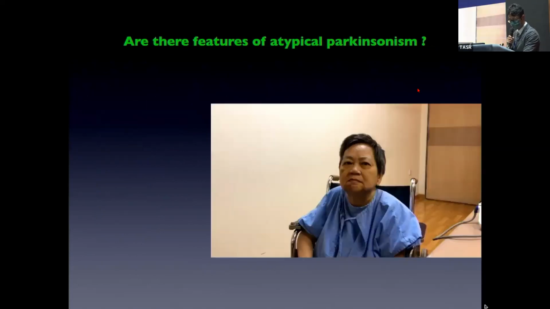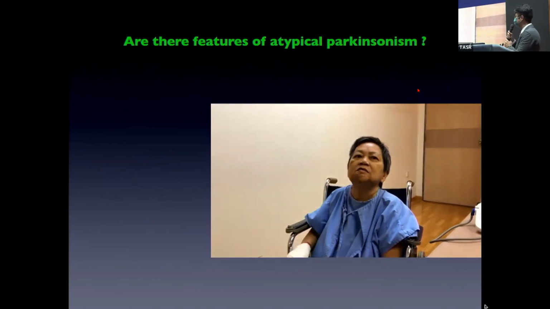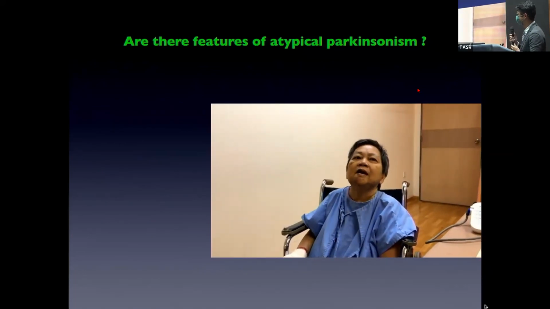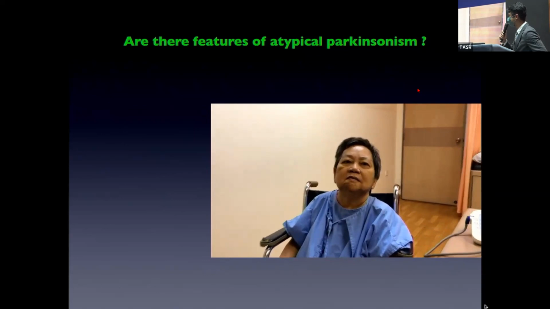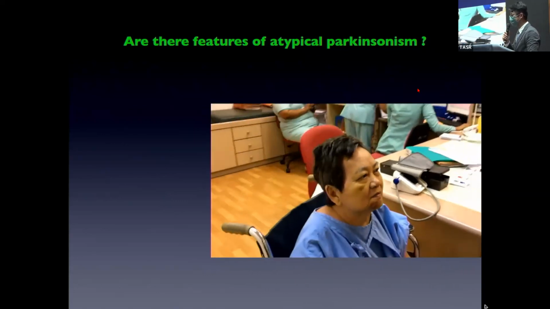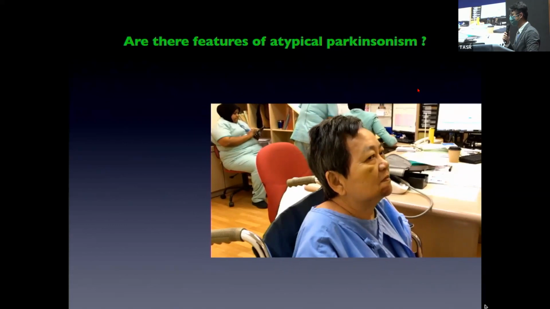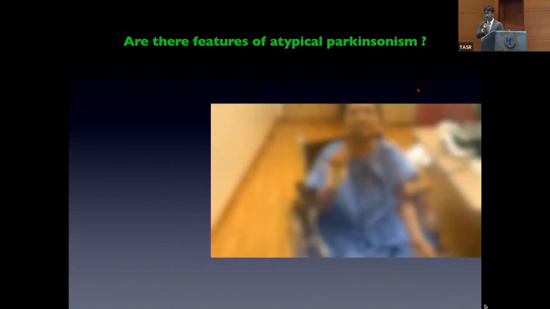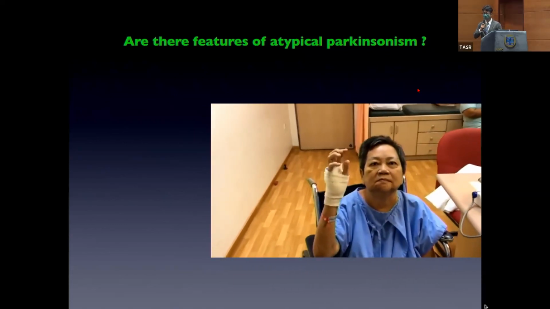So that is shown. The second question: are there features of atypical Parkinsonism? And if there are, what are they? Anyone want to answer? Any volunteers? Yes, very good. Thank you. I see the cervical dystonia.